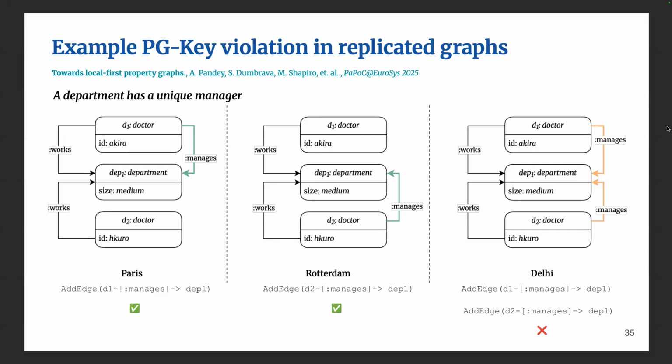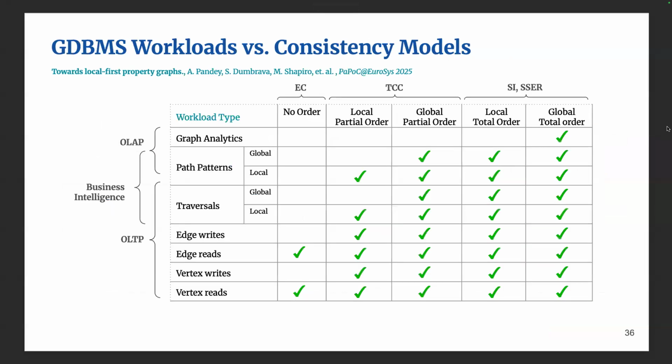So there are approaches that have been proposed. In particular, there are replicated data structures that we could leverage to build property graph replicated types. But when we add the extra element of constraint satisfaction, things become more complicated. So in a recent vision paper, we analyzed what happens with various workloads under varying consistency criteria.